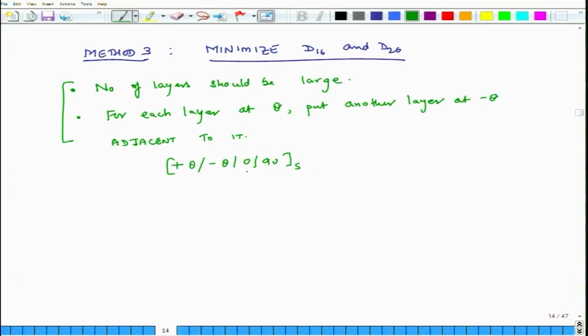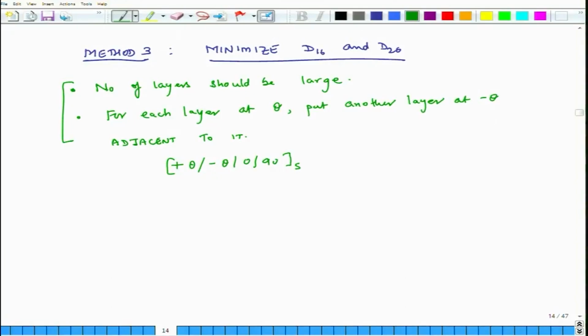So, 0 degree will not contribute to D16, 90 will not contribute to D16, theta layer will contribute, but there is a negative theta layer next to it and it will cancel some of the effect, and the overall laminate is still symmetric, which ensures that the B matrix is 0. Also, because there is theta layer and negative theta layer, A16 and A26 will be 0. D16 and D26 will not be exactly 0, but they will be reduced.